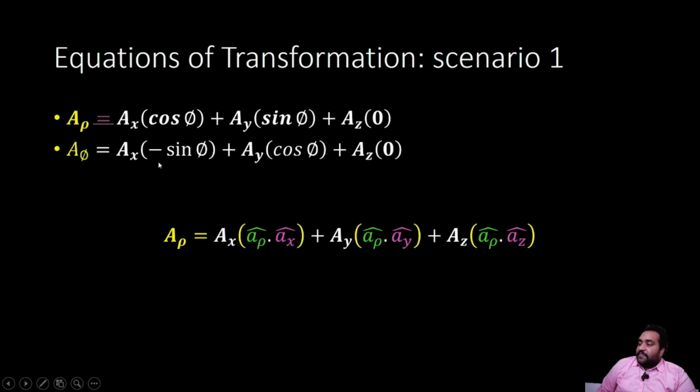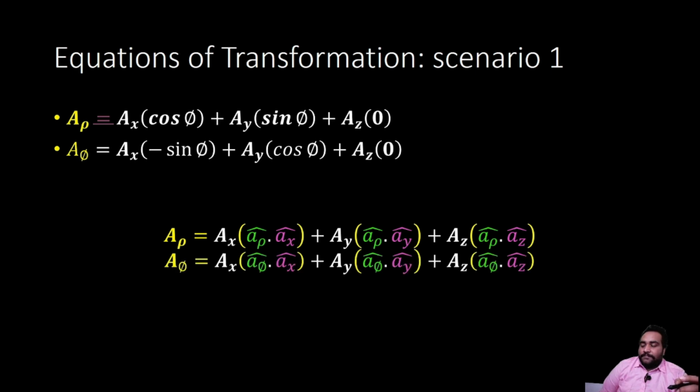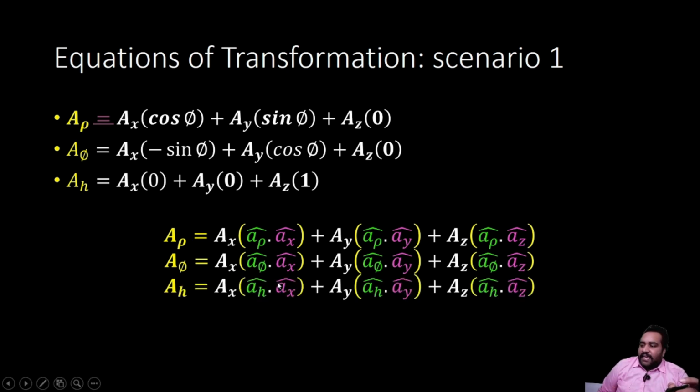This way, this minus sin phi is the dot product between a phi cap and ax cap. This cos phi is the dot product between a phi cap and ay cap, and the 0 is the dot product between a phi cap and az cap. Again, the third equation of transformation is of az, that is az equals the dot product of az cap with ax, ay and az.